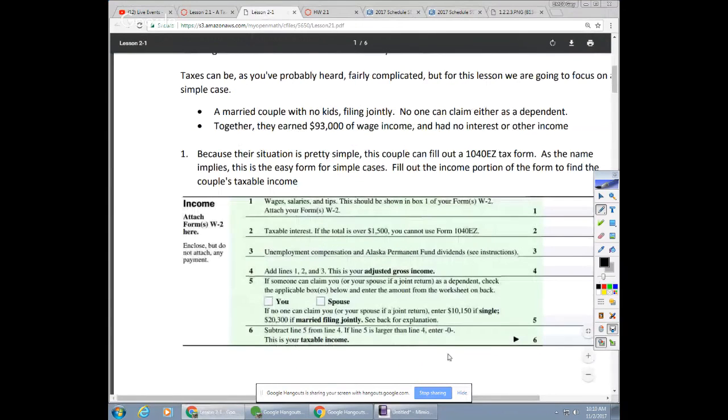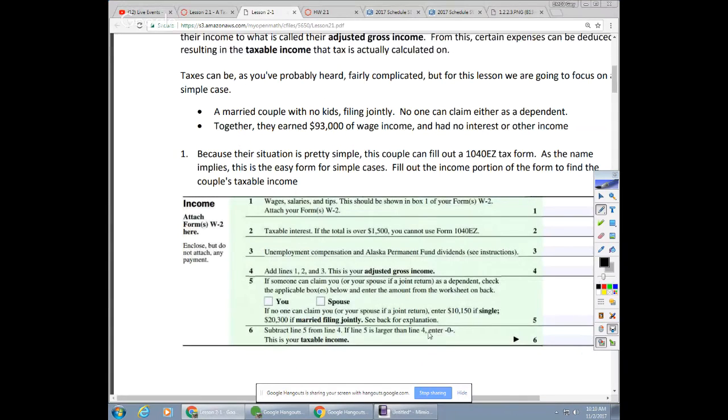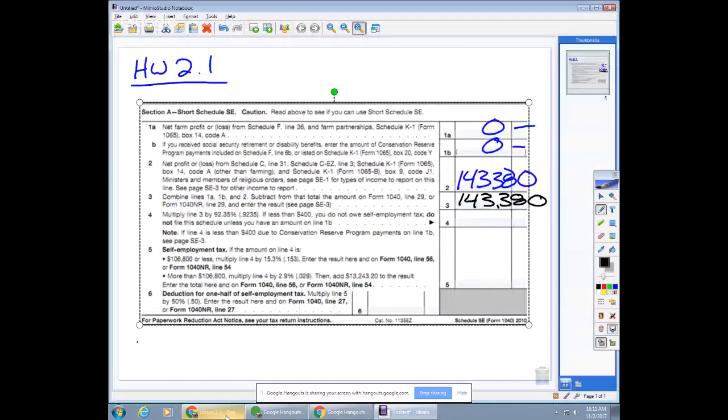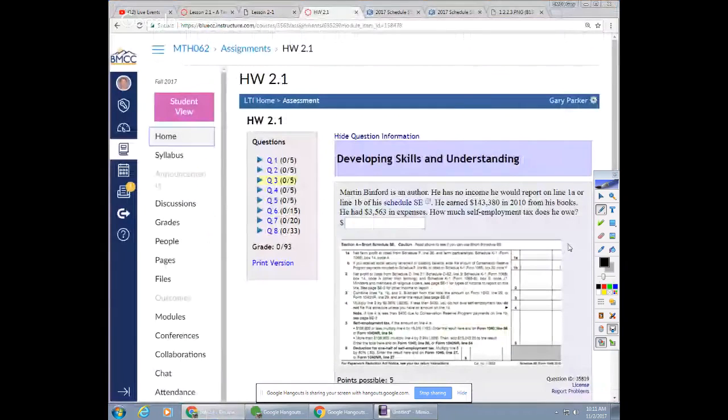All right, so they refer to line 29, which we don't have on this one right here. And they're referring to 1040, not the 1040 EZ. Seems like we're missing some information. Yeah, I don't think I gave us enough information for this problem. Well, that's a bummer. All right, what information would we need?